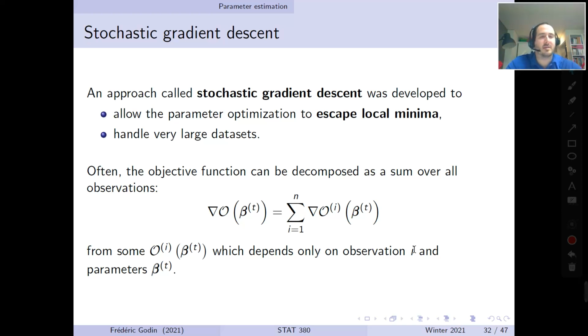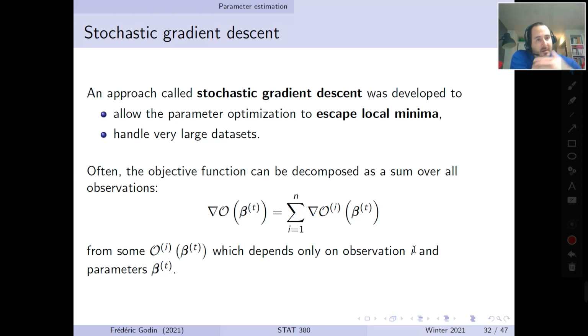And the idea, in a nutshell, if we really want to summarize this new version of the algorithm, is that we're going to replace the gradient of the objective function by some unbiased estimate of that gradient. Okay, so instead of having the true gradient, we're going to obtain an approximation of the gradient, which is obtained by sampling only some of the observations within the data set instead of having the entire data set at once.